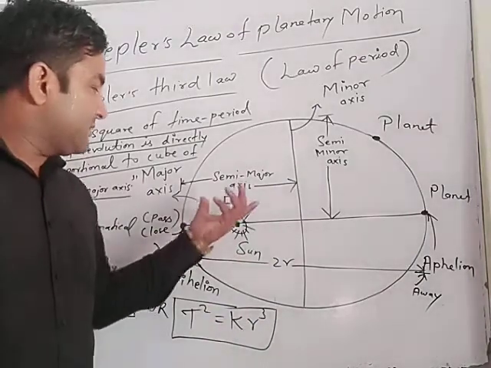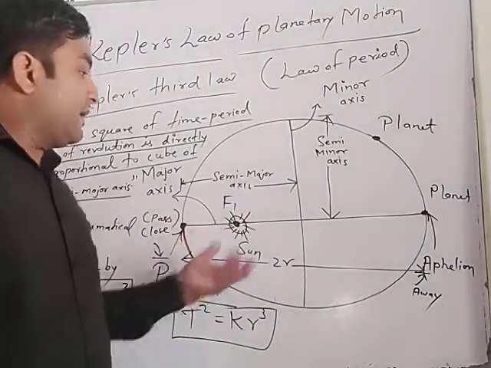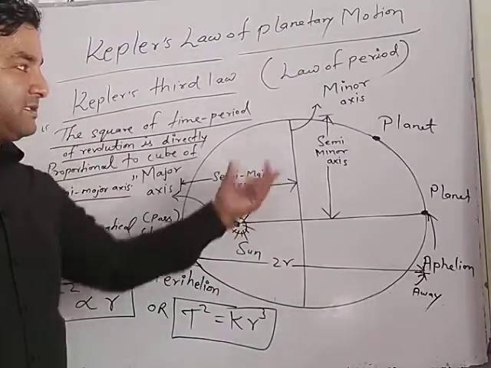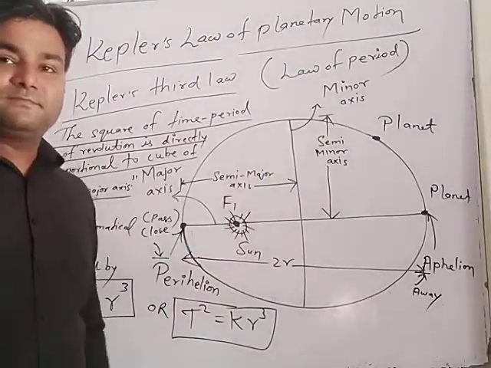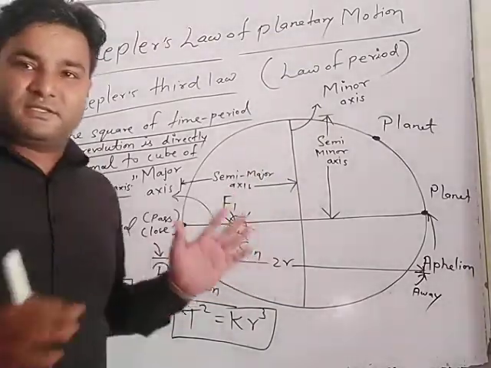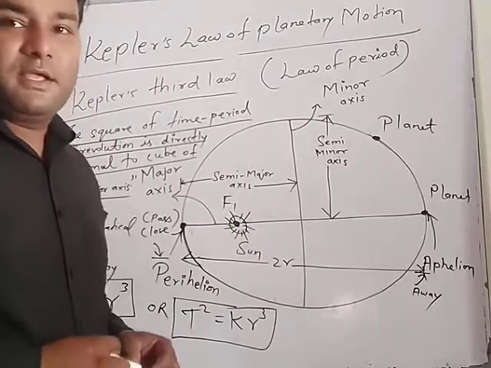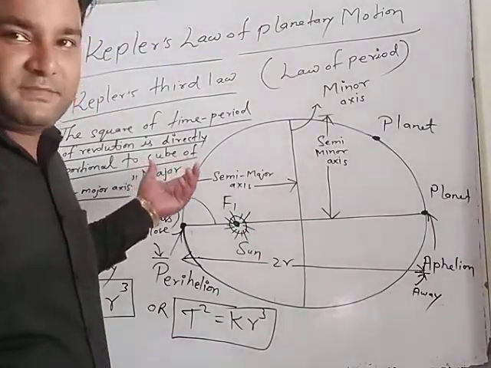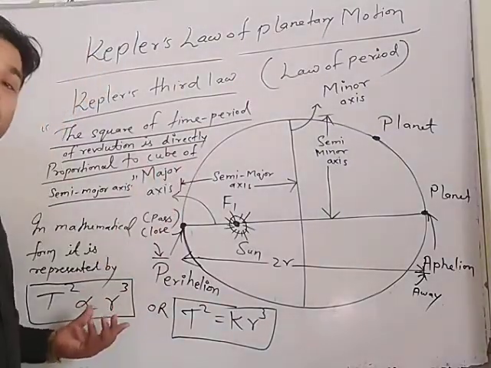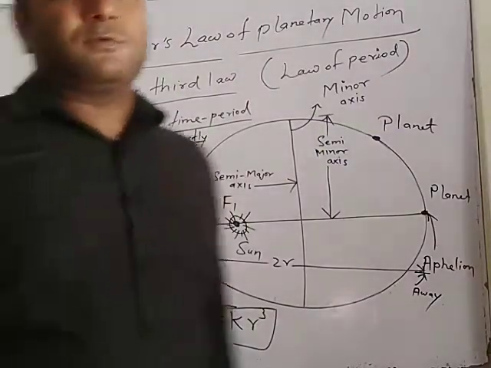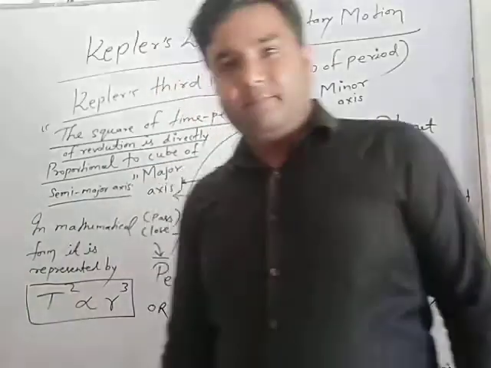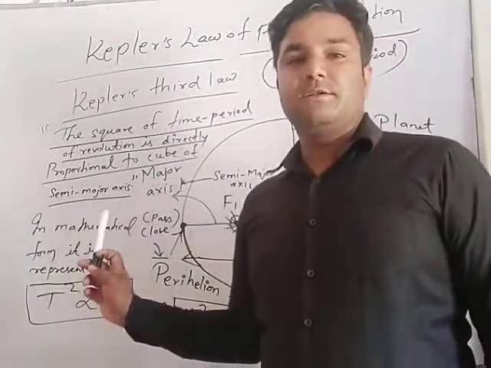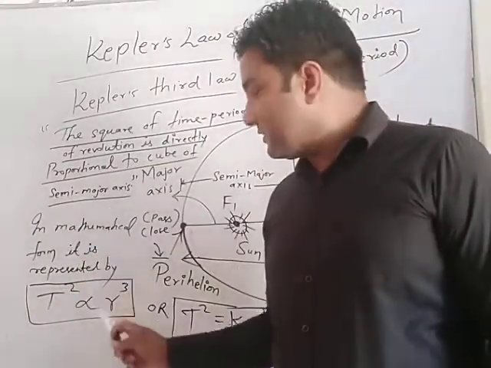And what is the concept of perihelion or aphelion or semi-major axis or semi-minor axis? Whenever you imagine this diagram, then you can write down the definition concept or statement concept, and also you can write down the mathematical concept. So about Kepler's third law, everything is clear, and you will solve the numericals based on this Kepler's third law.